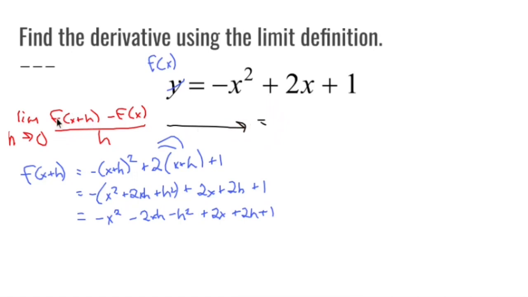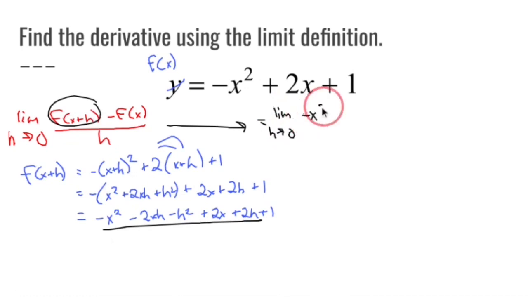I already know what f of x plus h is, so I'm going to write out the limit as h approaches 0 of f of x plus h, which is negative x squared minus 2xh minus h squared plus 2x plus 2h plus 1.